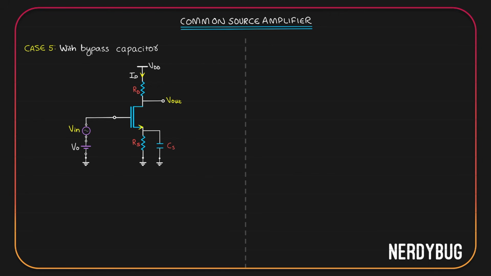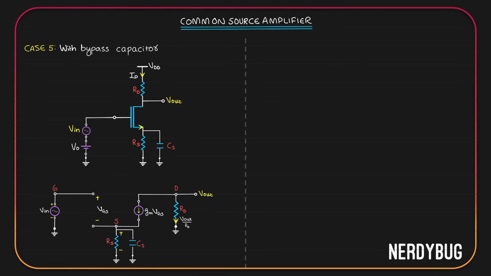For that, consider the small signal model. The only extra thing we have is the capacitor Cs in parallel with Rs at the source. Now, what happens to Cs in the small signal model? We know capacitive reactance Xc is given as 1 by omega C. C is in the denominator. Capacitive reactance is inversely proportional to the capacitance.